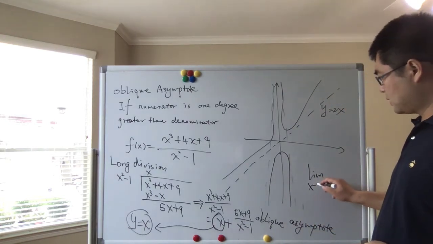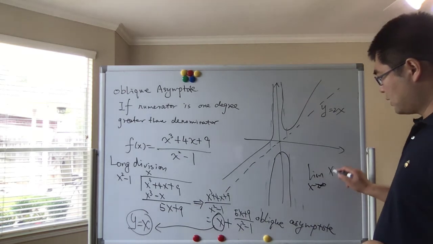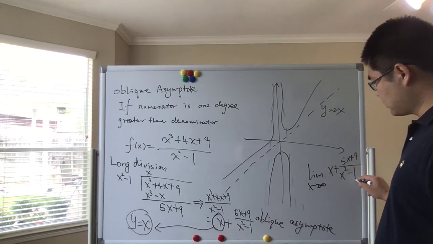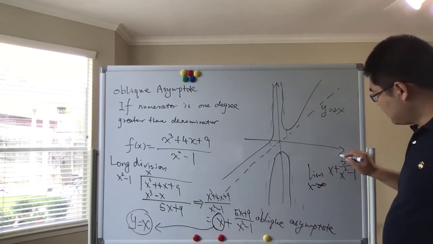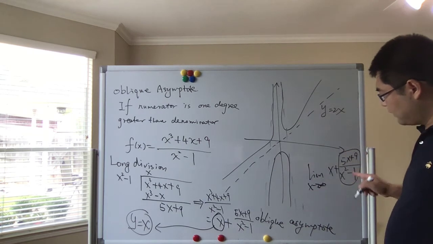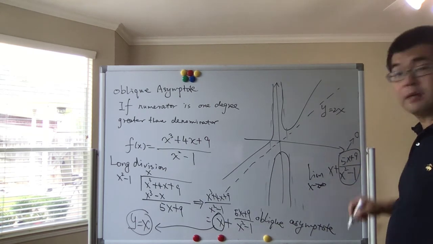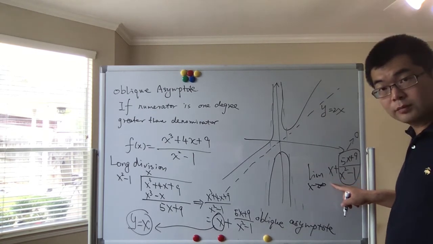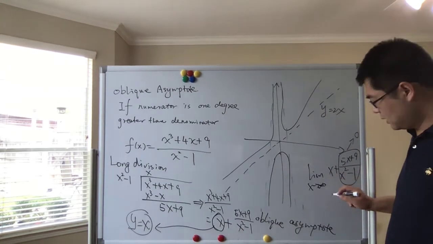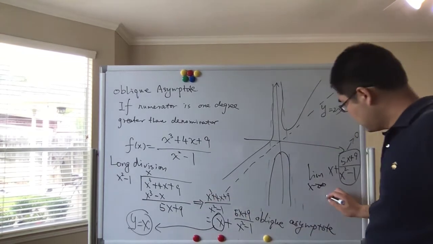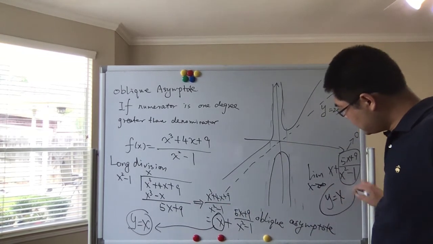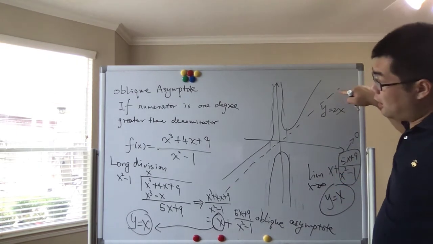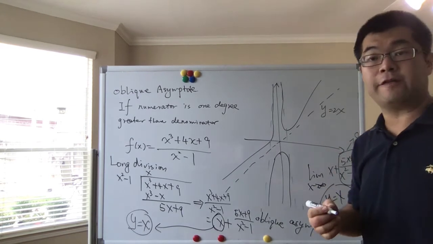Limit as x goes to infinity, (5x plus 9) over (x squared minus 1). Do you see that when you let x go to infinity, this part becomes 0. So this x is the only surviving term. And correspondingly, let y equal x, which is the surviving part, that's going to be the oblique asymptote. And that's how we figure it out, okay?